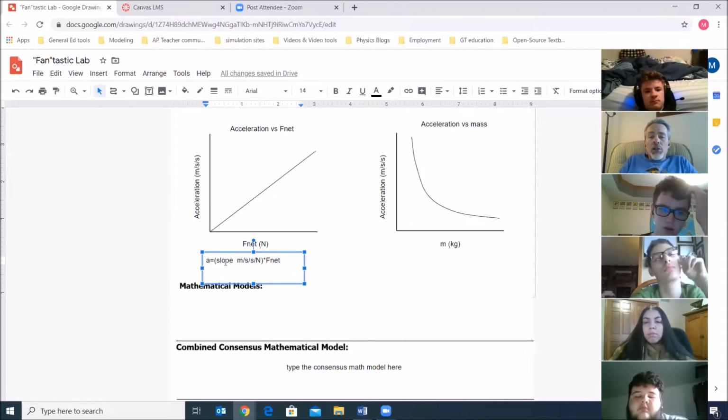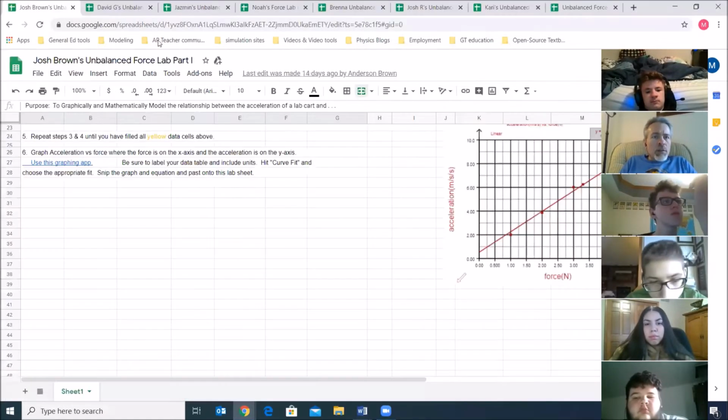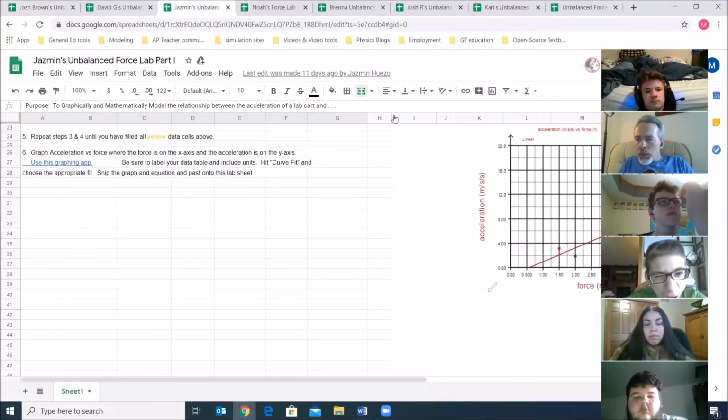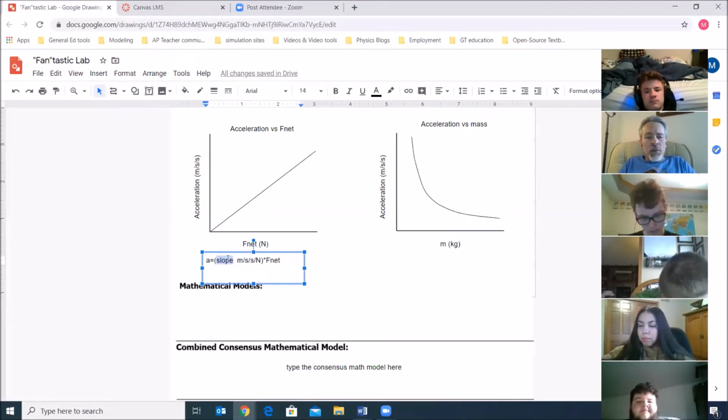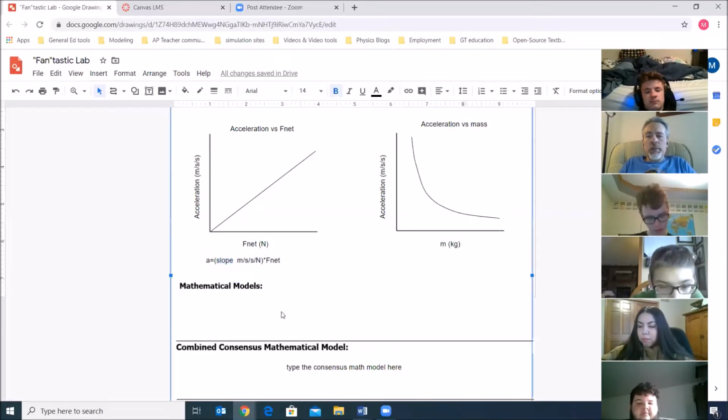If I was Josh, the number I put in for slope would be that 1.72. If I were Jasmine, the slope she would put in would be 2.267. So we all have the exact same equation, except we'll have a different number for the slope. Any questions about that? Okay, all right.